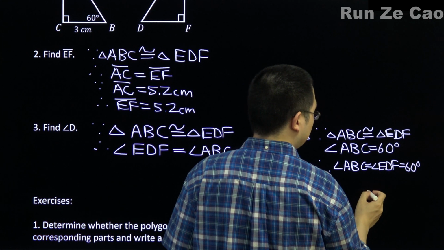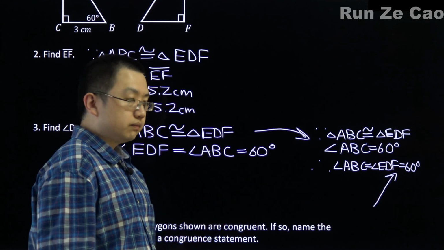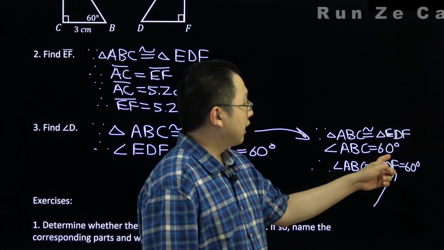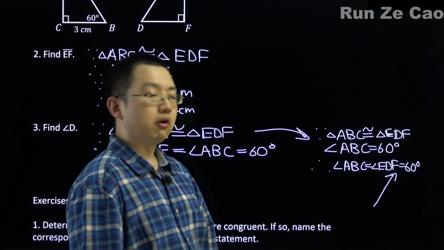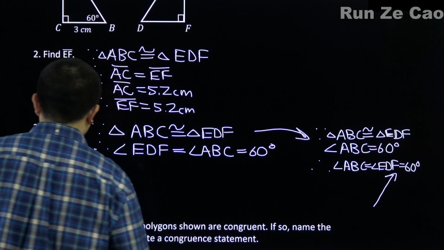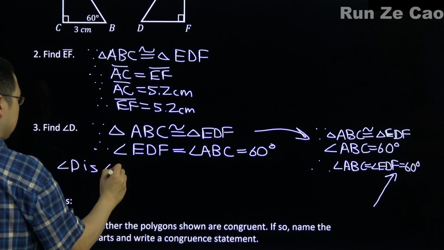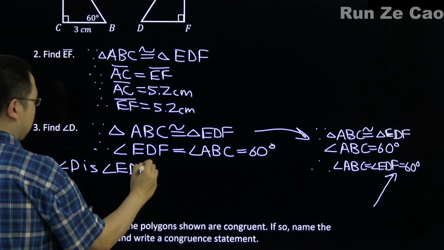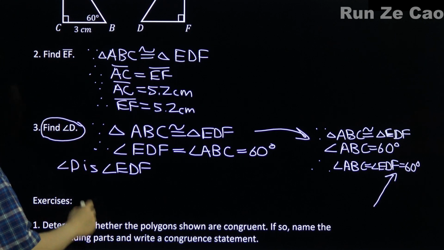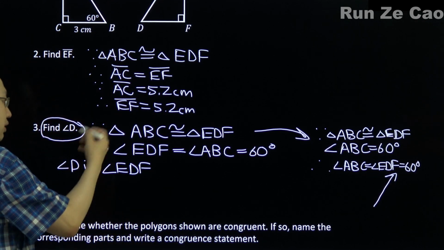Just in case your teacher is a bit of a stickler for seeing that your final equal is the thing you're supposed to find and the angle measurement or the value that you found for it. Angle D is angle EDF. Okay, that's kind of important to note because it said find angle D, not find angle EDF. Angle D is angle EDF, so we state this at some point. Maybe at the beginning, maybe at the end.